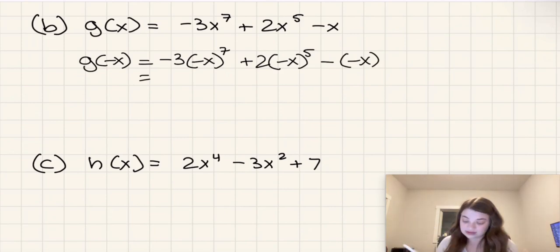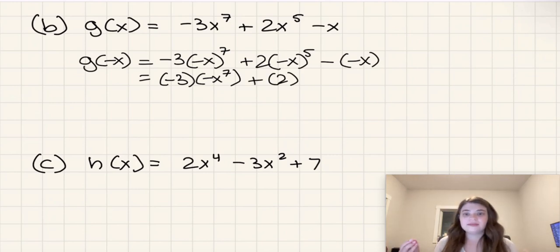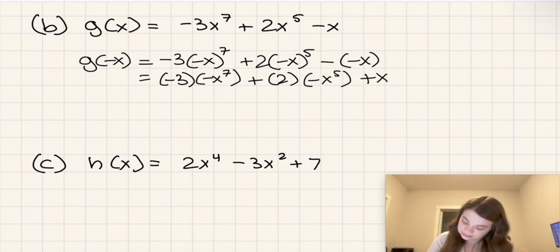Since 7 is an odd power, we are going to end up with the negative version of x to the power of 7. Same with negative x to the power 5, because we're doing an odd power there. This is the same as the negative version of x to the power 5. And then minus negative x would be plus x.